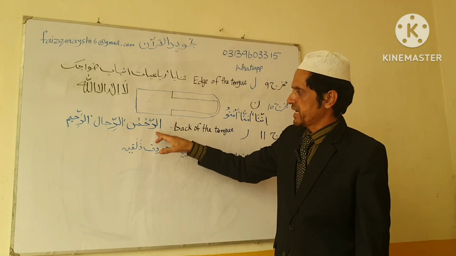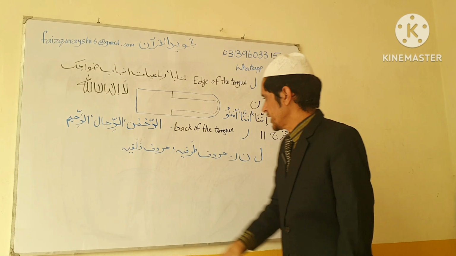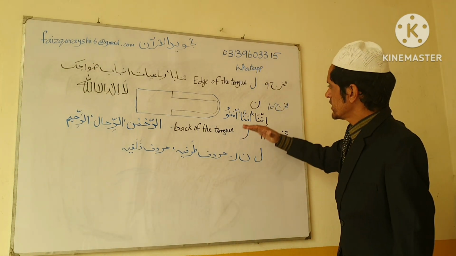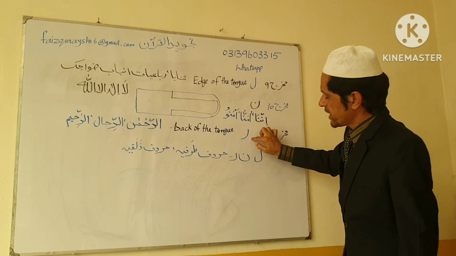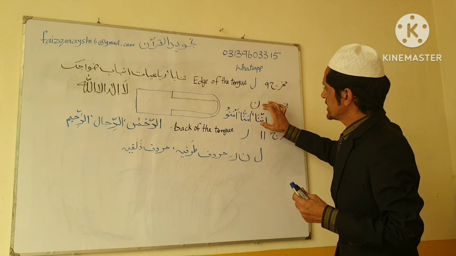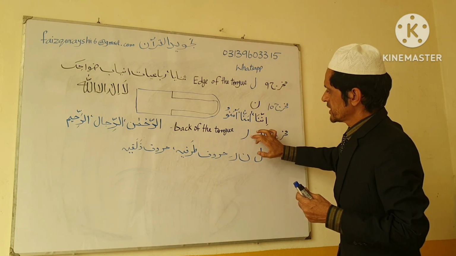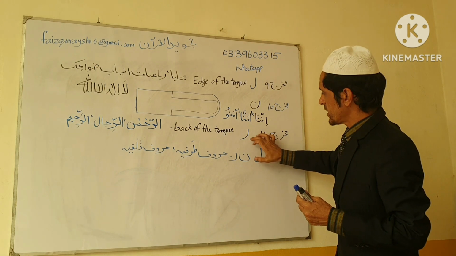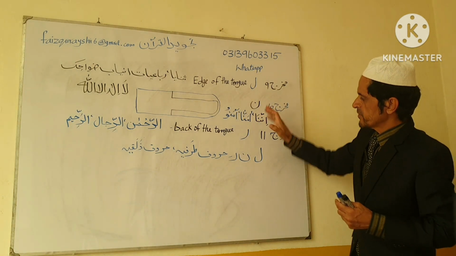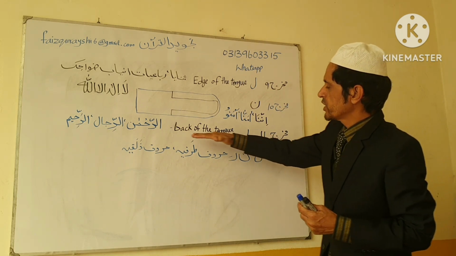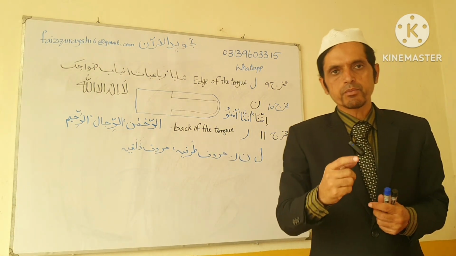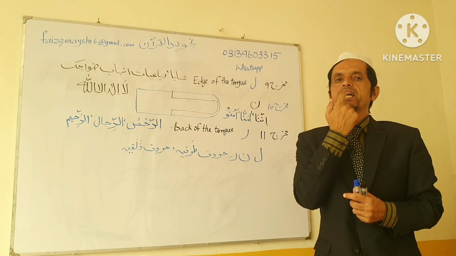like ar-Rahman, ar-Rijal, ar-Rahim. So we produce Ra, and this Ra can be produced from the same articulation point as this. The articulation point of Ra is the same as the articulation point of Noon, but in Ra the back of the tongue also plays some role. Now you see the back of the tongue.